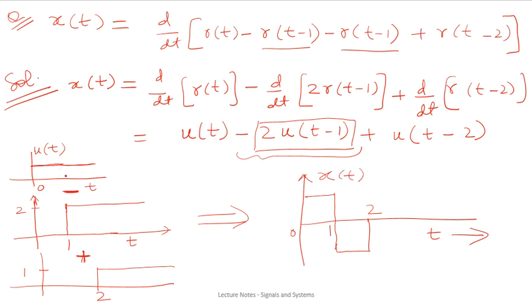After this point, since we are subtracting the second signal from the first, the amplitude of the first is 1 and of this is 2, so 1 minus 2 will be minus 1, and minus 1 will continue up to t equals 2. At t equals 2 this signal has amplitude 1, and the previous stage had amplitude minus 1, so minus 1 plus 1 will be 0 after t equals 2, and that is visible in the resultant signal here.